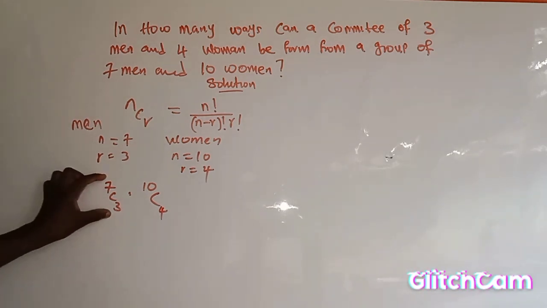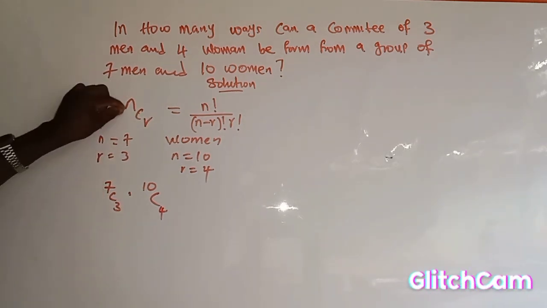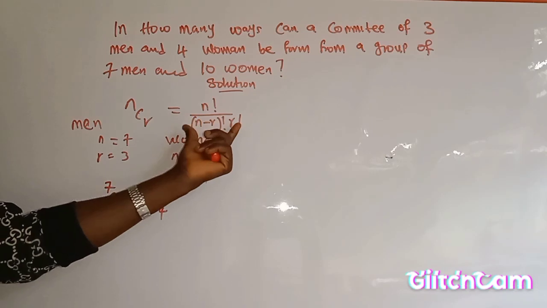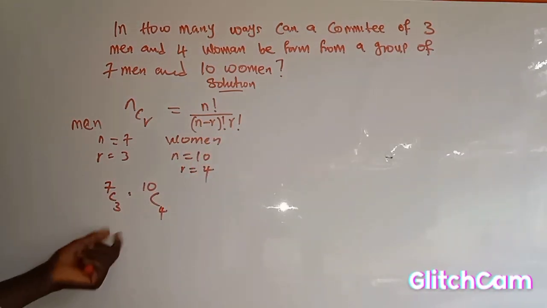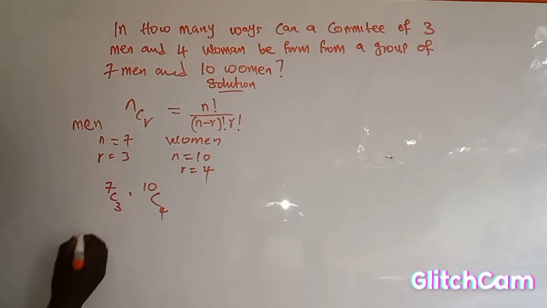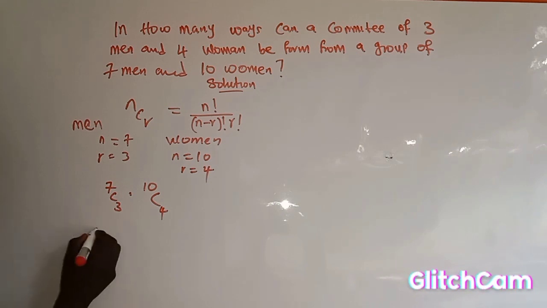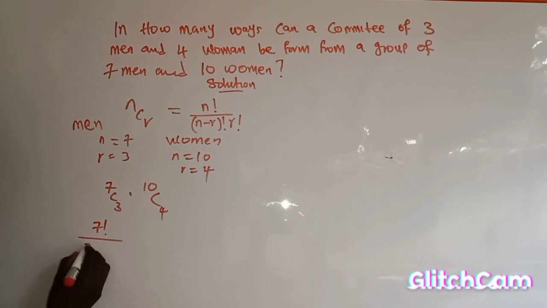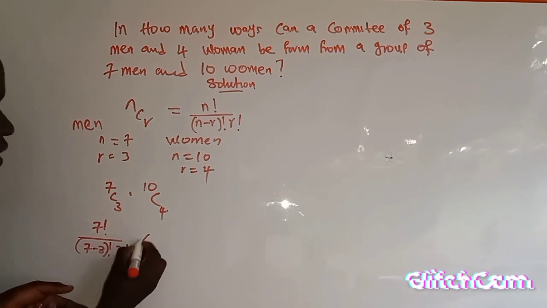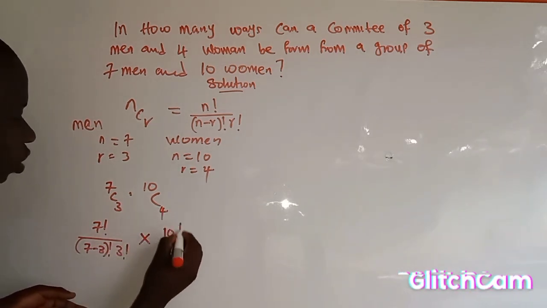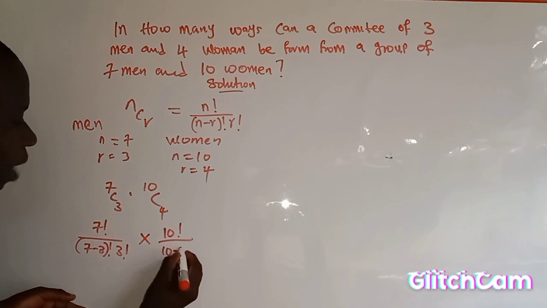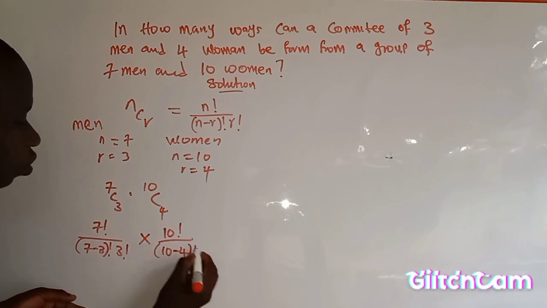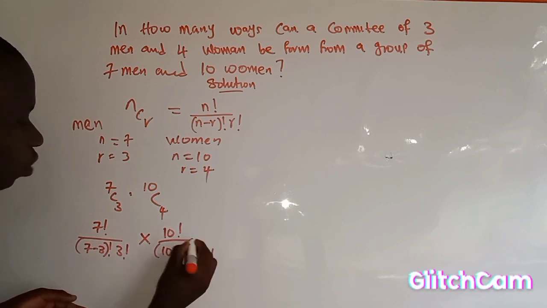So I will simplify this using this formula. Remember, this formula n combination r can also be simplified as this. So 7 combination 3 can also be written as 7 factorial all over 7 minus 3 factorial 3 factorial, because my r is 3, multiplied by 10 factorial all over 10 minus 4 factorial 4 factorial.